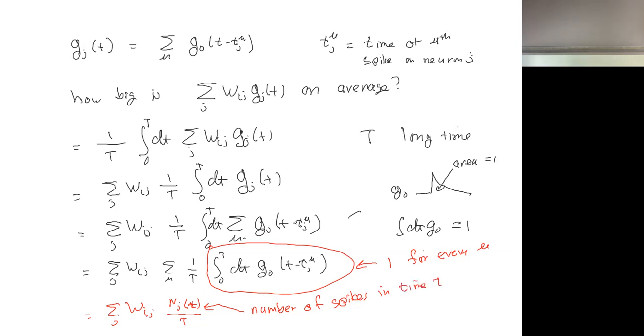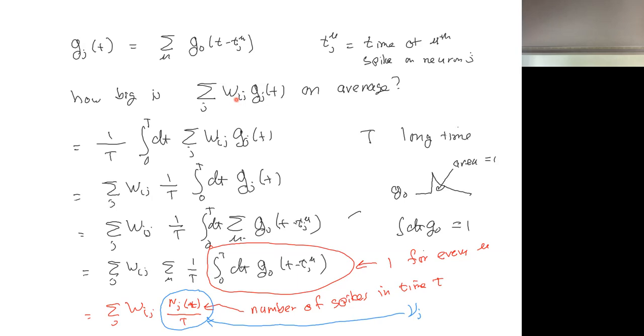Okay. And Nj over T, this quantity here, is the firing rate of neuron j. So the average value of this thing is Wij multiplied by the firing rate, which makes sense. The higher the firing rate, the bigger this is going to be.